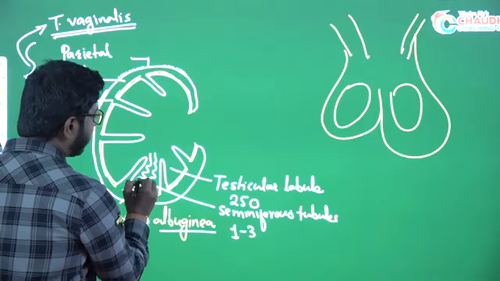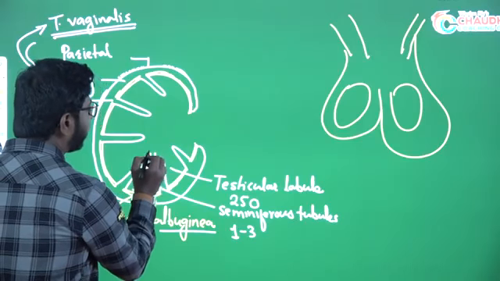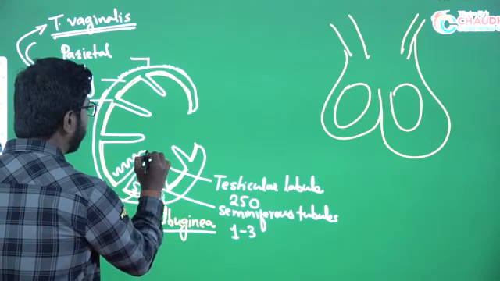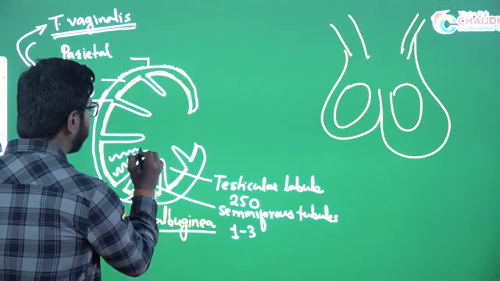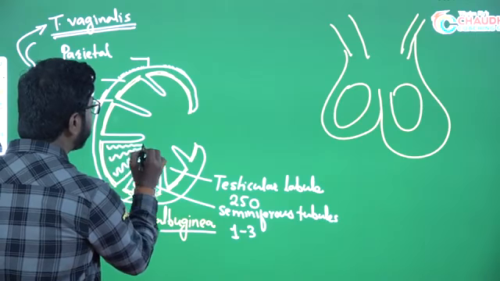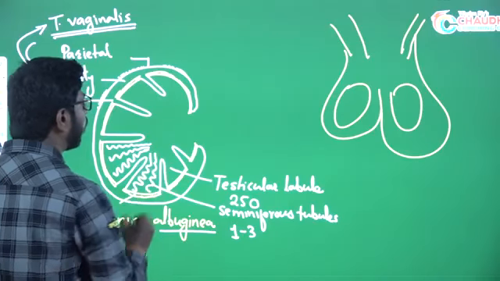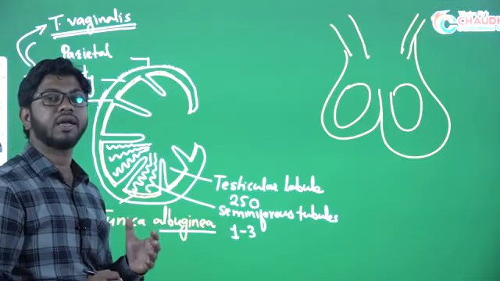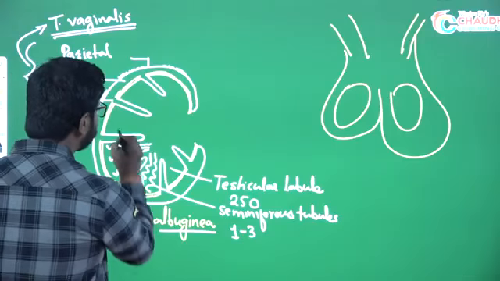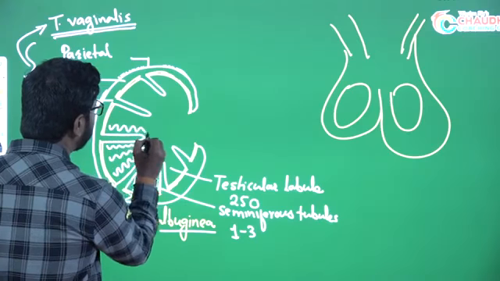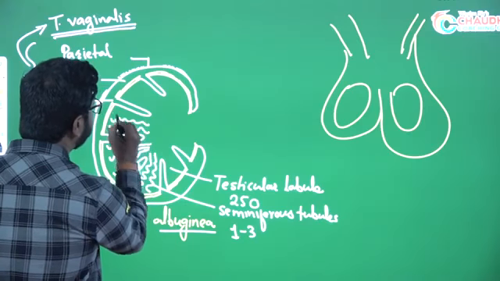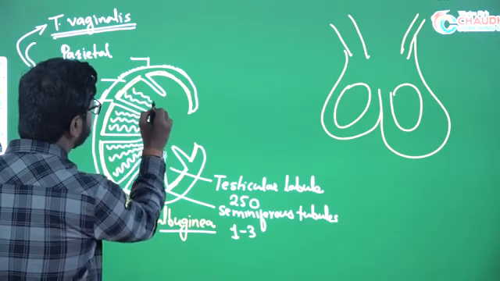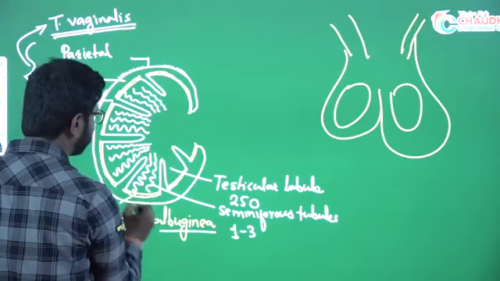This seminiferous tubule at the end has a somewhat straight structure, and this straight structure enters a network of irregular cavities. This network of irregular cavities, or you may call it a duct. So these are the seminiferous tubules.